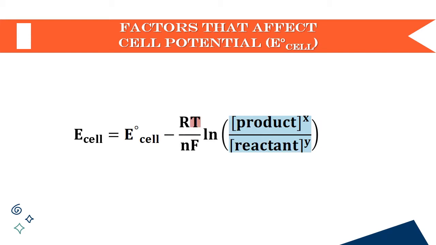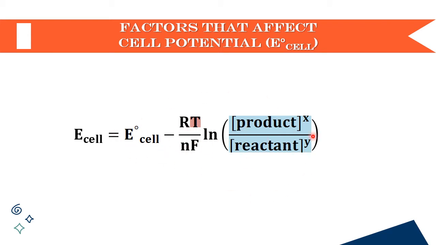Now this is our Nernst equation, actually the original Nernst equation: E cell equals E naught cell minus RT over NF ln concentration of product to the power of X over concentration of reactant to the power of Y. This is our Q. Like I said, this is the original Nernst equation, but you don't have to memorize it.